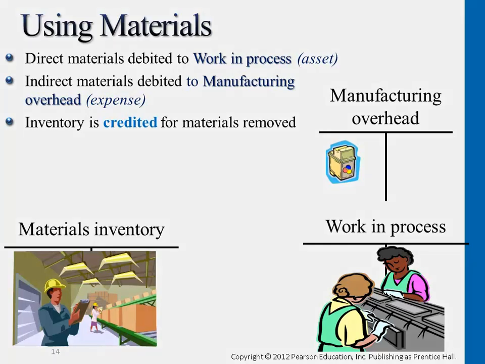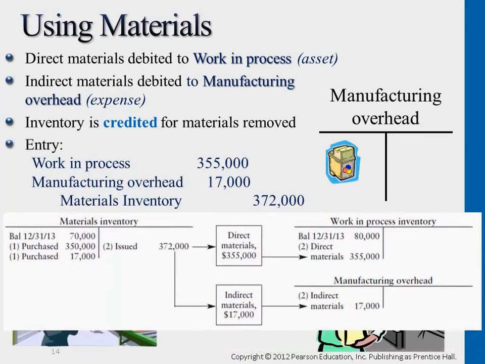Okay, so here's an example that we assigned for this particular order $355,000 of direct materials into work in process. Okay, we're just reviewing what we covered on Tuesday briefly. Manufacturing overhead, again, $17,000. We assign it to, these are the indirect materials.